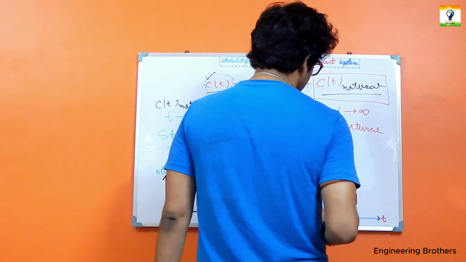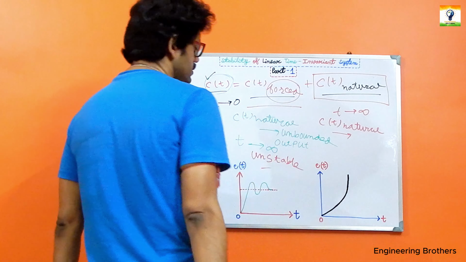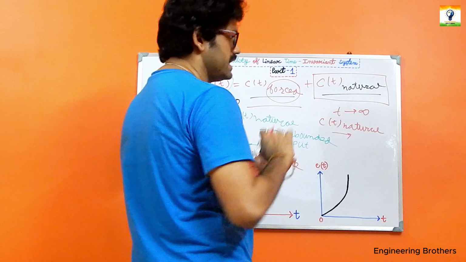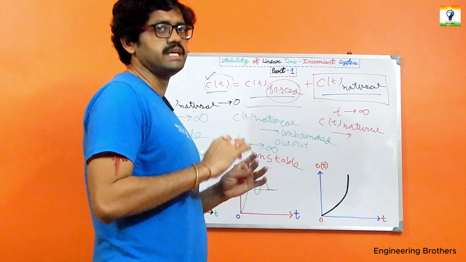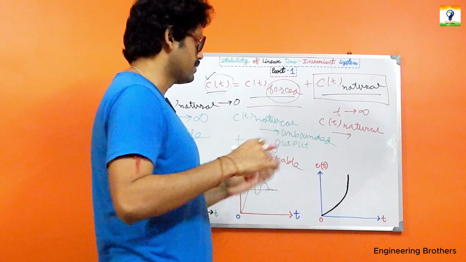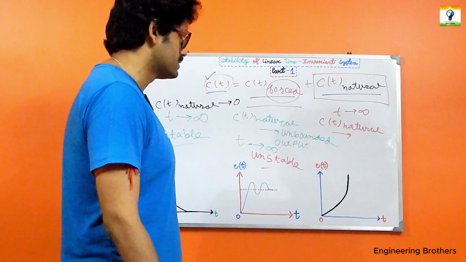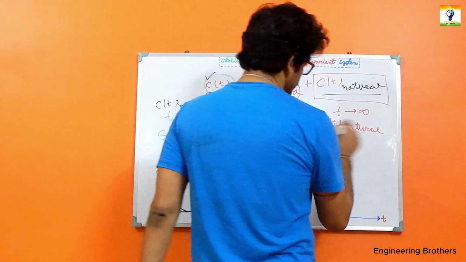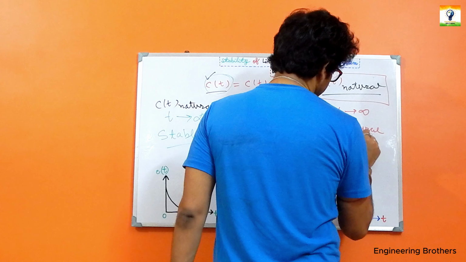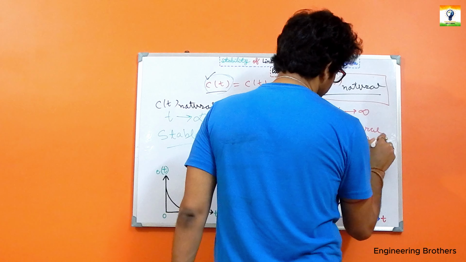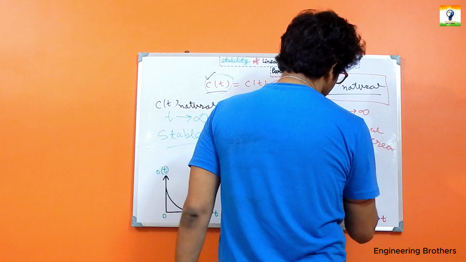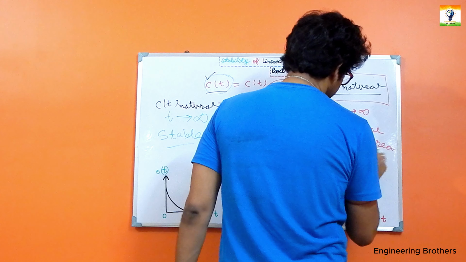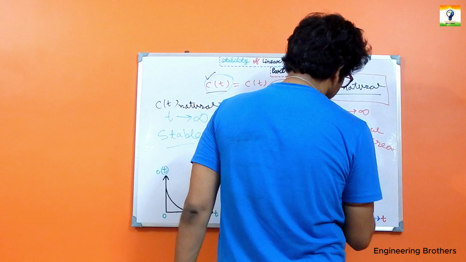for our initial part it is increasing, and after some time it is decreasing. So it is decaying, or increasing, both types of characteristic are there. Sometimes it is decreasing and sometimes it is increasing.